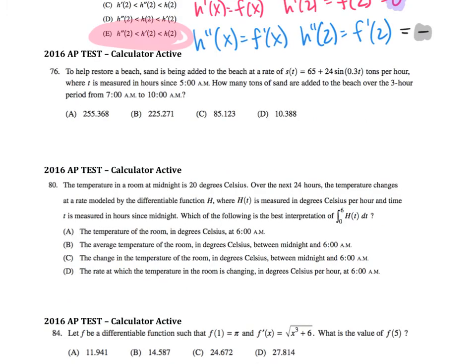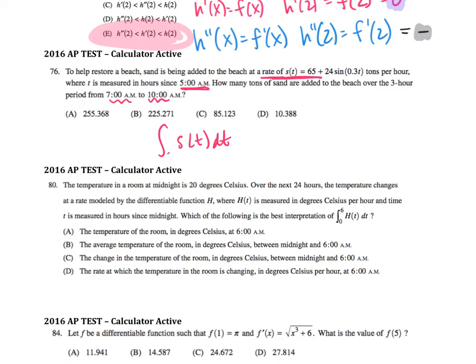Okay, we did this problem recently in class. Sand is being added to a beach at a rate S, in tons per hour, since 5 a.m. How many tons of sand are added over the 3-hour period from 7 a.m. to 10 a.m.? Again, if you integrate your rate, you're going to get your amount. 5 a.m. is really my initial time where t is 0.